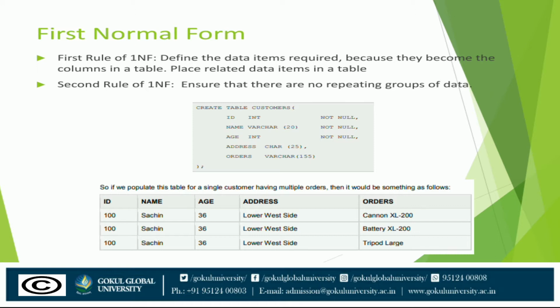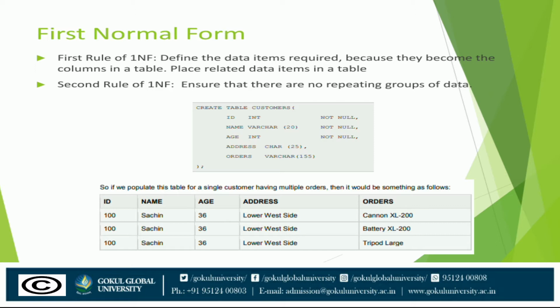First, define the data items required because they become the columns in a table. Place related data items in a table. Second, ensure that there are no repeating groups of data. Third, ensure that there is a primary key.